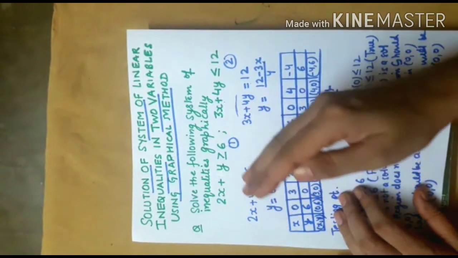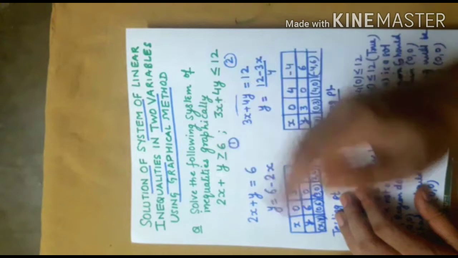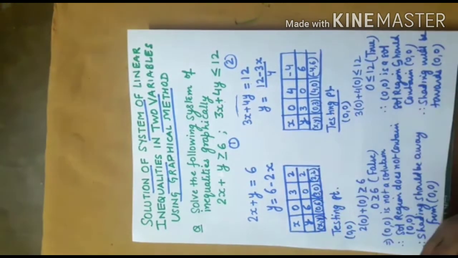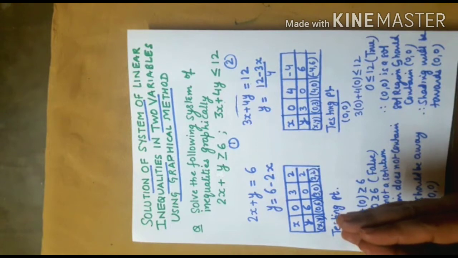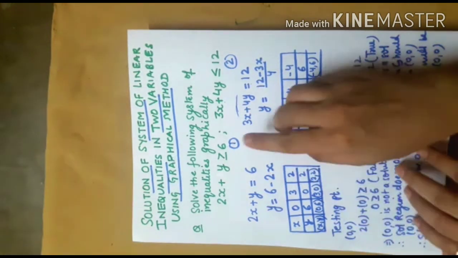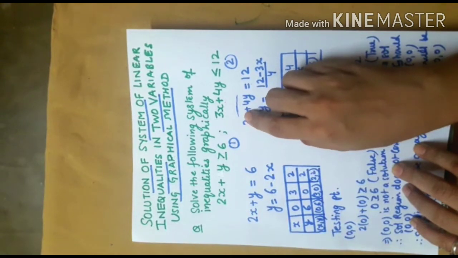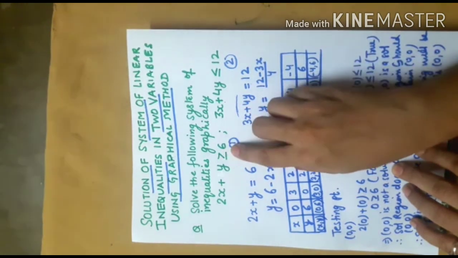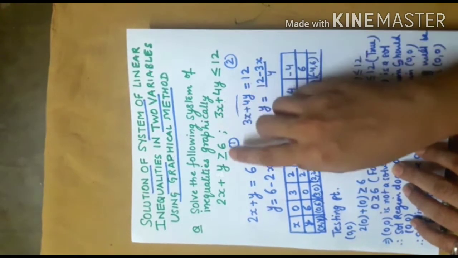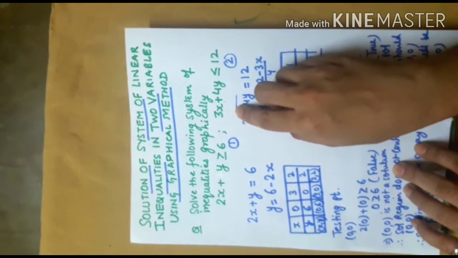And if in a system of inequalities there are, say, 3 inequalities, then I have to find the common solution of the 3 inequalities. In a similar manner, if the system has 4 inequalities, then in order to find the solution of the system, I will have to find the common solution region of all the inequalities that are present in the system.